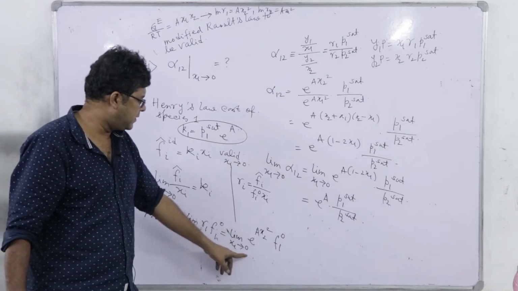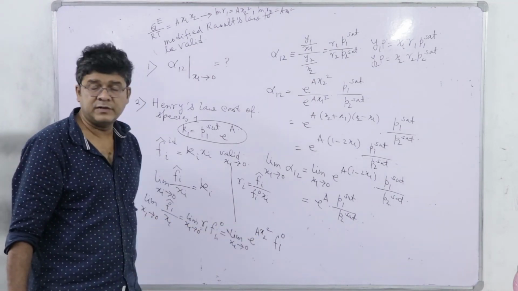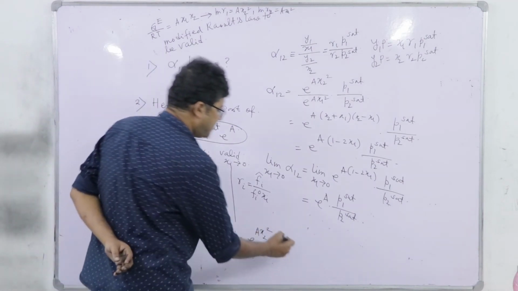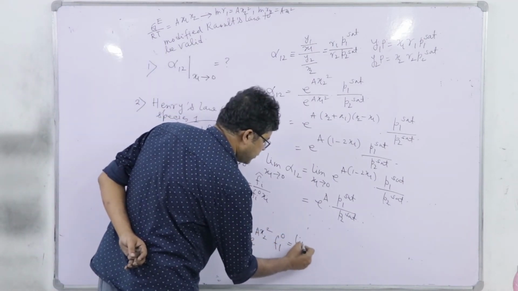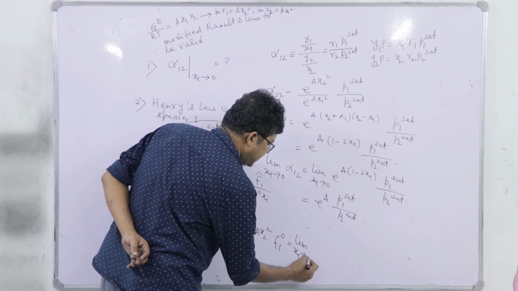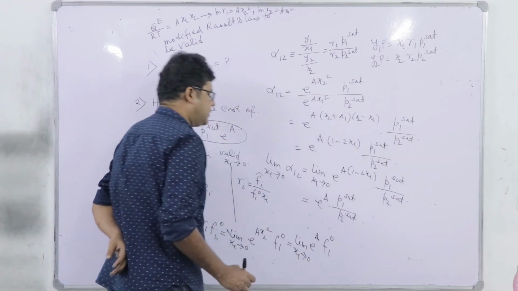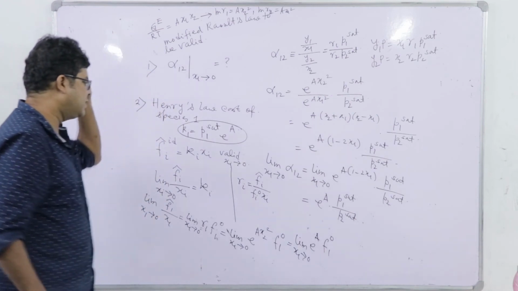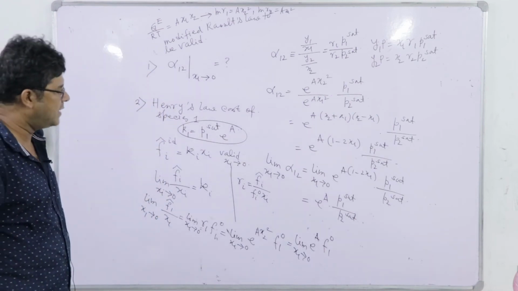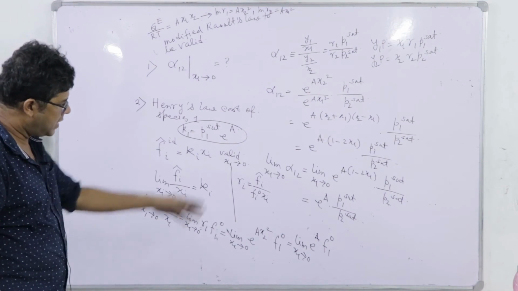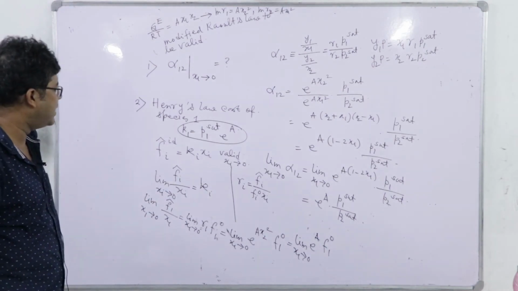Now this reduces to x1 tending to 0, x2 tending to 1. So this reduces to limit x1 tending to 0, e to the power a into f1 naught. Now f1 naught, this is the standard state fugacity.